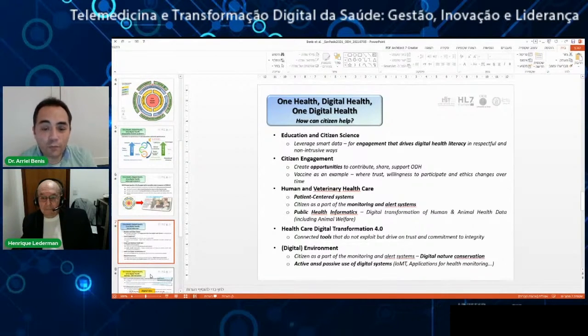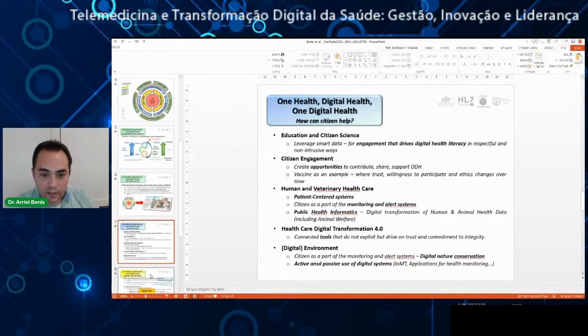Citizens must be involved not only in their own care, but in public health care and veterinary health care, by looking at the patient. My dream is a well-known one today. I want to see in the EHR a simple question, not only if I'm smoking or doing sport, but if I have a pet at home, if I need to go out with him a number of minutes today.